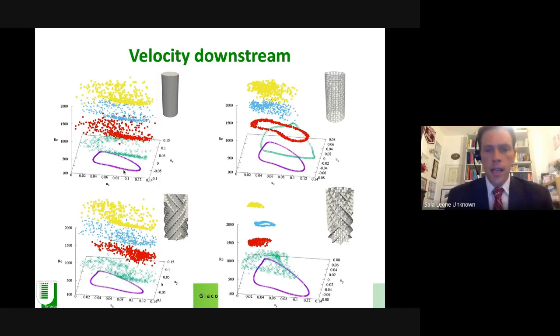As you can see, the velocity components are still pretty close to each other even at Reynolds 2000 with this structure, which closely resembles the sponge.